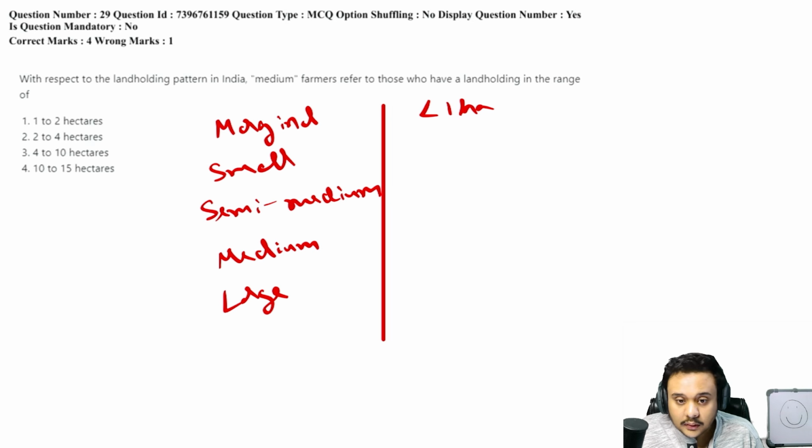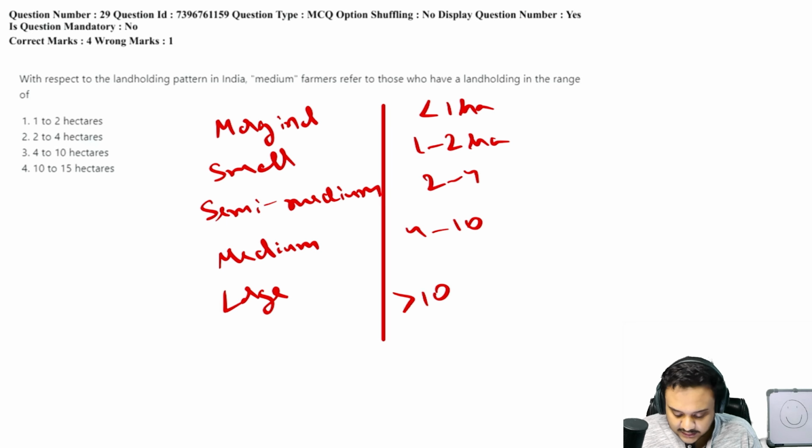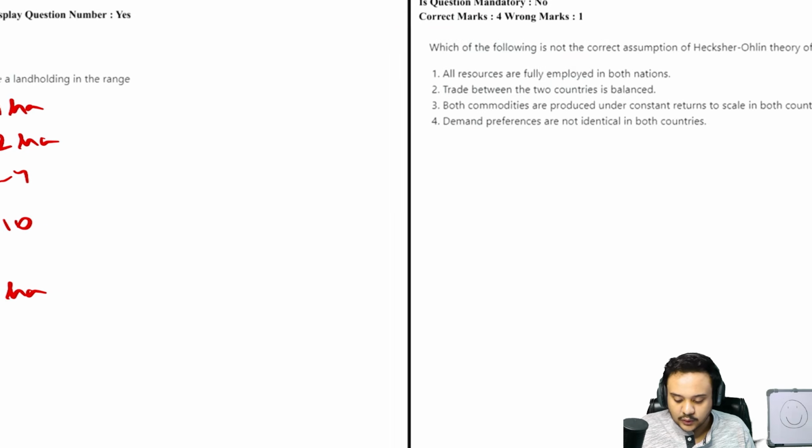Then for small there is 1 to 2, for semi medium it is 2 to 4, medium is 4 to 10, and then above 10 you get large farmers or large land holdings basically. So we have been asked medium farmers, so that is why 4 to 10, third is your option. Let us move on.